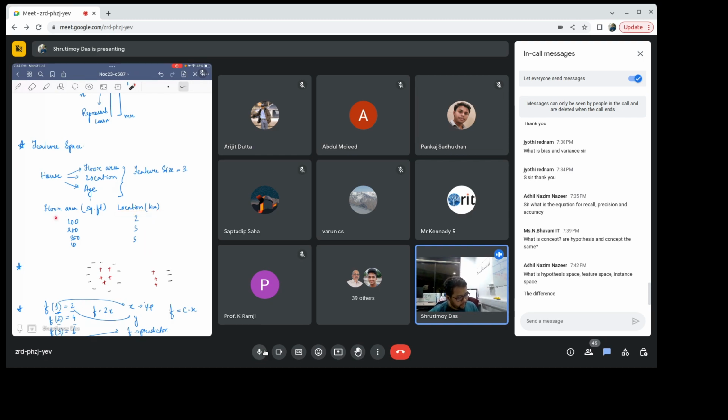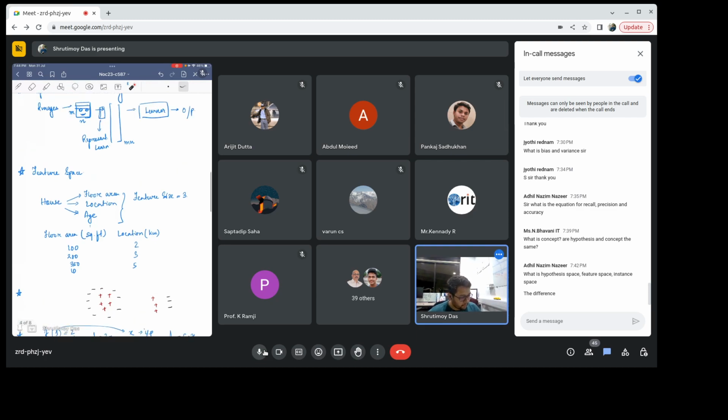So this set of values is the feature space, that is what values your feature can take. For instance space, we can have what are the different types of houses. So this will be one house, this will be another house, this will be another house. So all these types of houses will form the instance space. What are the different examples, or what is the data that you have?